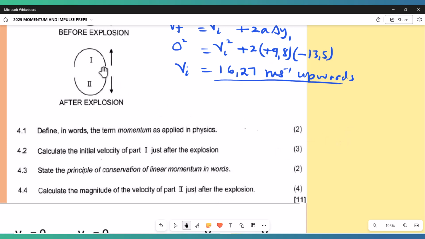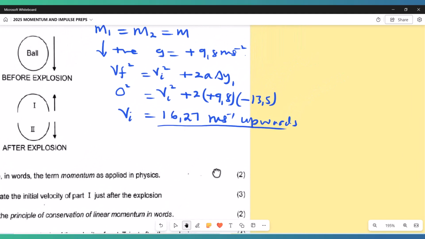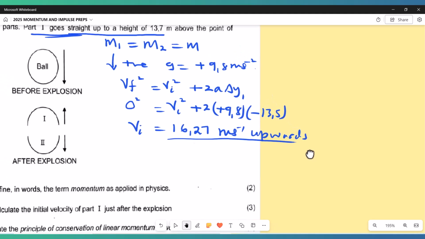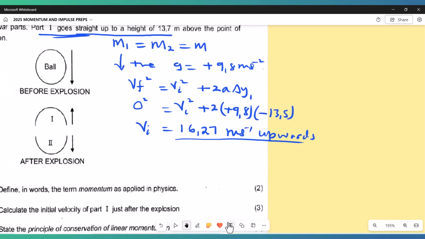When they explode, I'm going to use linear momentum conservation because they are all in vertical motion. Remember, at first they were together.